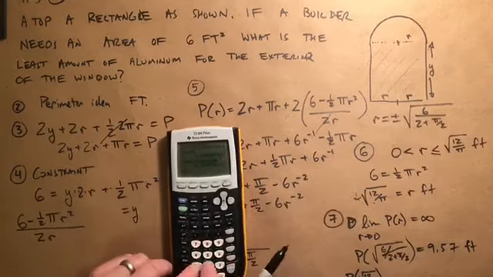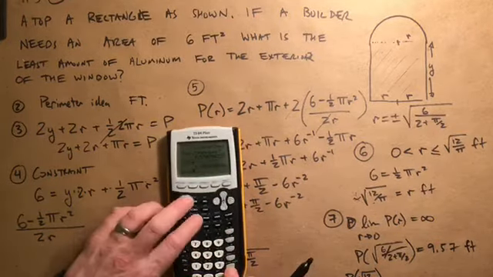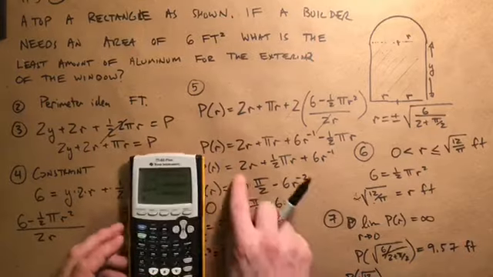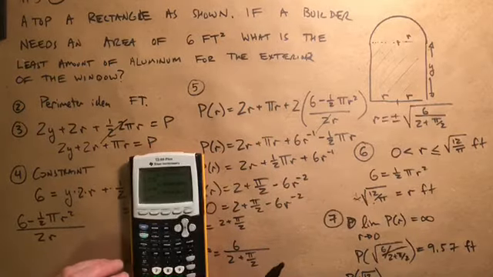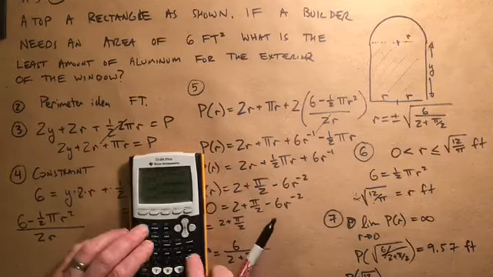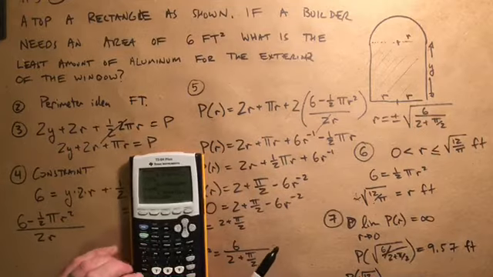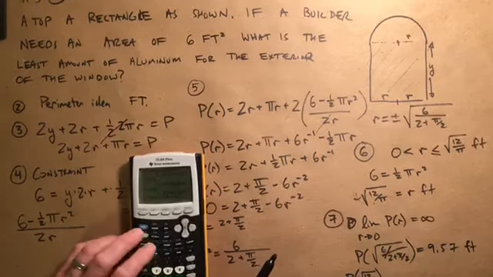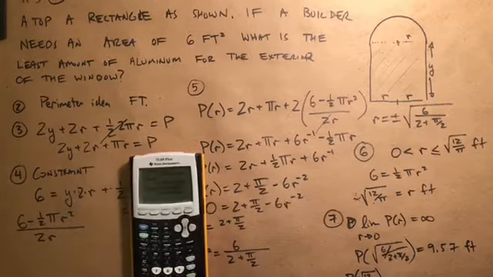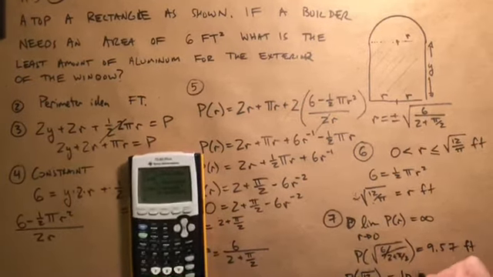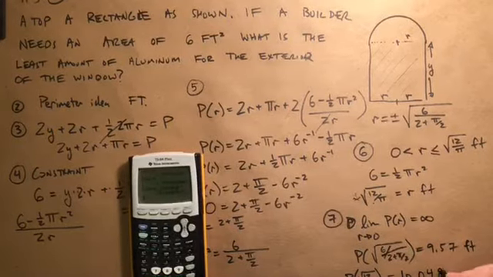I'm going to take the square root of 12 divided by pi and store that as b this time, and I'll put it right into my equation. 2 times b plus pi over 2 times b plus 6 times b to the negative first. And I get 10.0489.